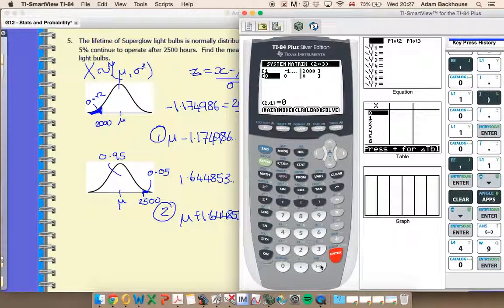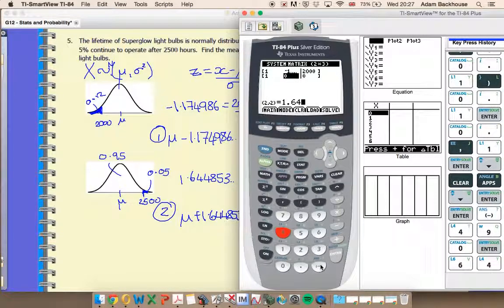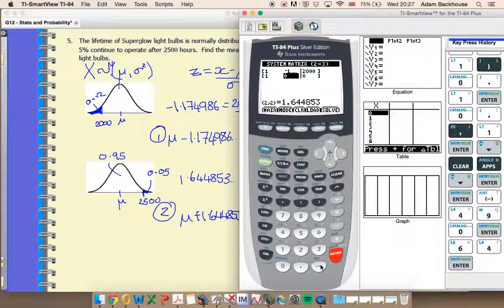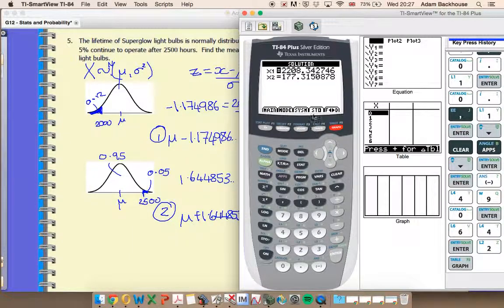Okay, and then my other equation is 1 and 0.644853, and that went with 2500. Okay, just be careful with the negative, that it's in the right place. So we had the negative from our first equation, the second is positive. Okay, then we press solve.